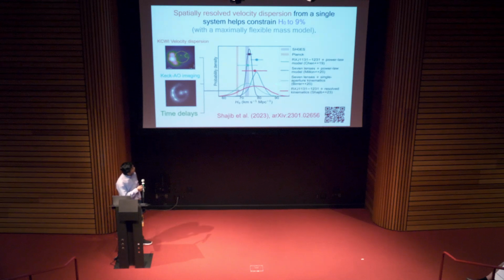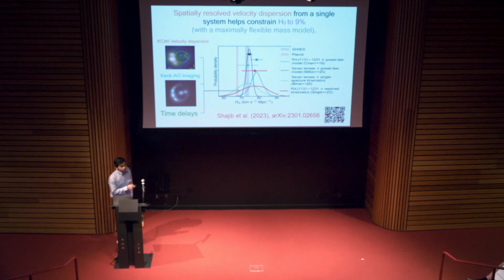So here the red curve is the probability density of the Hubble constant. I'm just comparing this red curve with the blue curve, because both of them are from the same lens system, but the difference is that the blue curve is from a power law model, and this one is using a maximally flexible model, but with spatially resolved velocity dispersion. So you can see the median is again the same, but the uncertainty goes up.